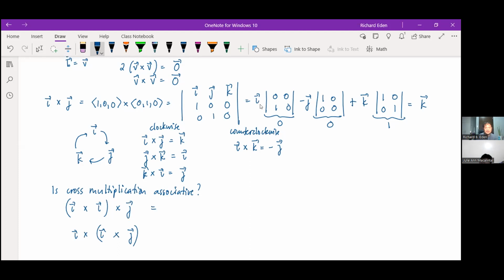Let's have a look at the first expression, I cross I, and then J. Now, the group is I cross I, so that's going to be the zero vector. And we take the cross product with J.